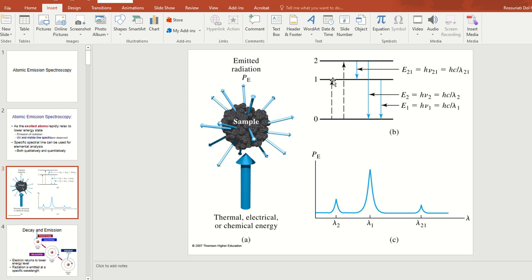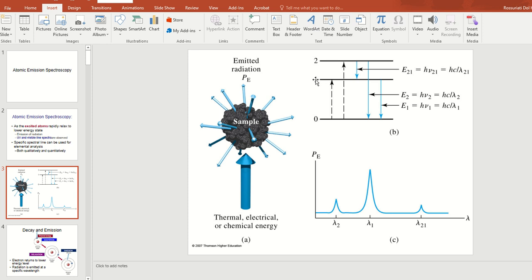Of these two excited states, the energy at number 2 is higher than at number 1.